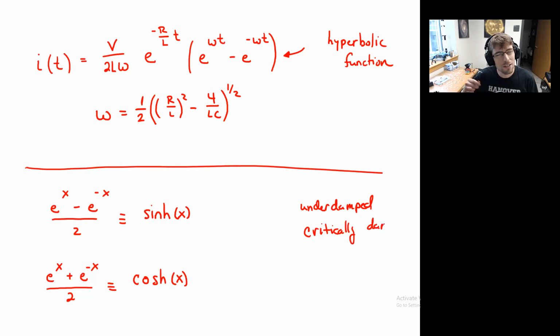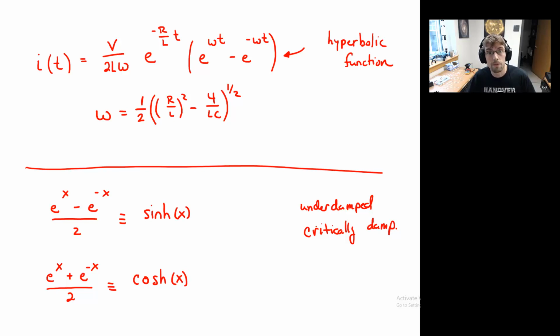Think about how the process changes to find the coefficients based on the initial conditions. That's the first thing. Second thing, take it as good practice. Go through and see if you can come up with those coefficients. And I'll leave it at that for right now.